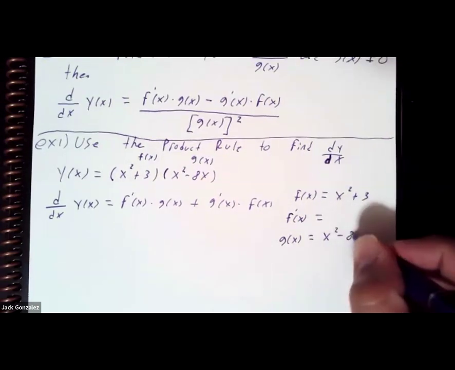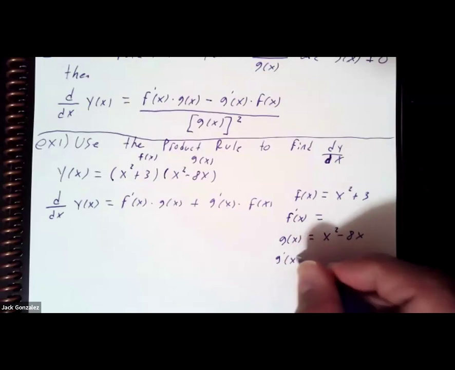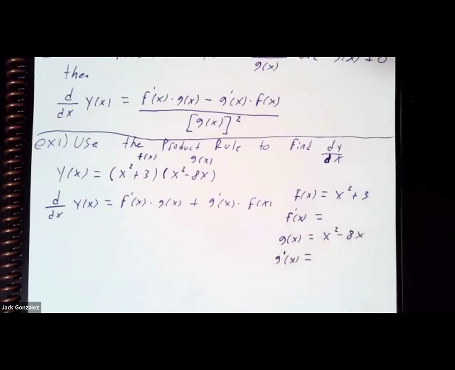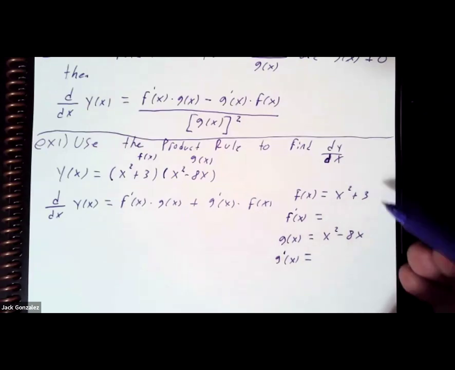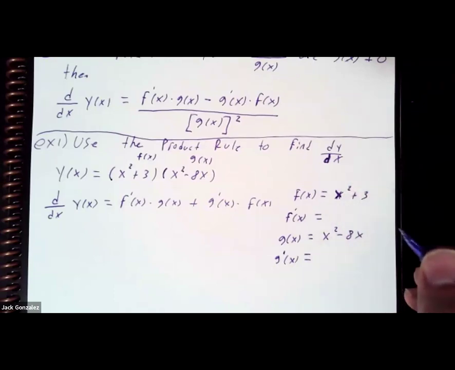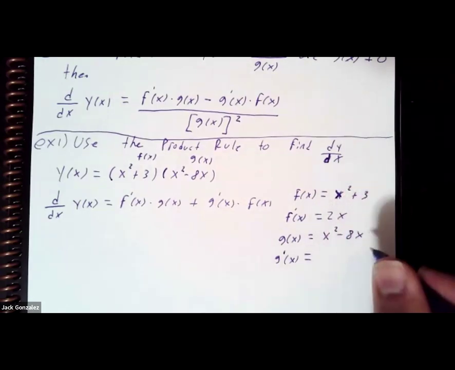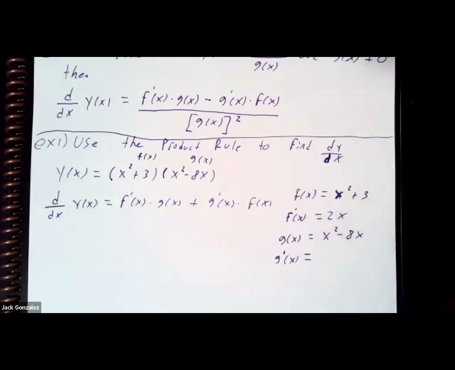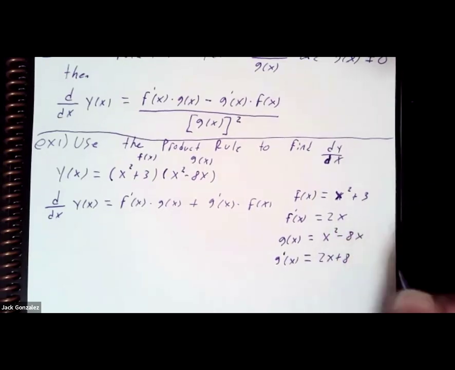What do you guys think? What's the derivative of x squared plus 3? Yeah, it's just going to be 2x, right? And g prime is going to be what? It's similar, right? So just plug it in, you're pretty much done.